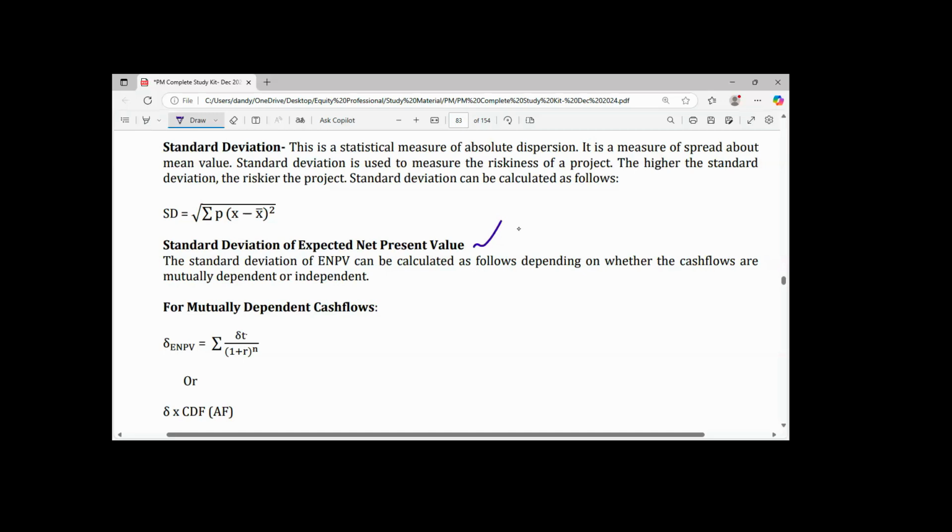I explained to you that if you are given mutually dependent cash flows, then the standard deviation of NPV can be calculated as the standard deviation computed, multiplied by the annuity factor. So this is one formula that you can use to compute the standard deviation of NPV. If it is mutually dependent, this is what you're supposed to do.